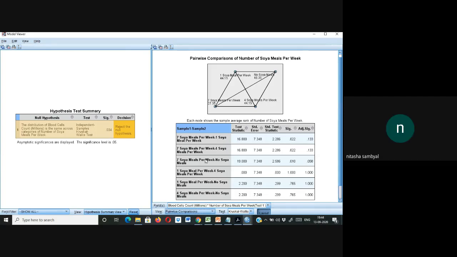There's a significant difference between 7 and the 1 group, 7 and the 4 group, and 7 and the no soya group. So for soya 7 and the 1 group, there is a significant difference. Please see the significance table.